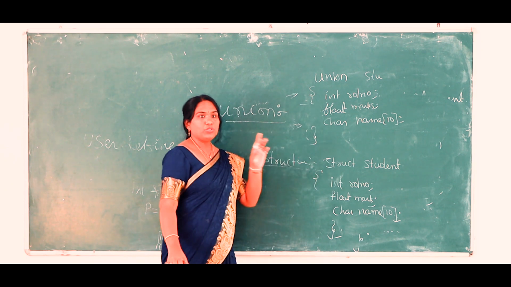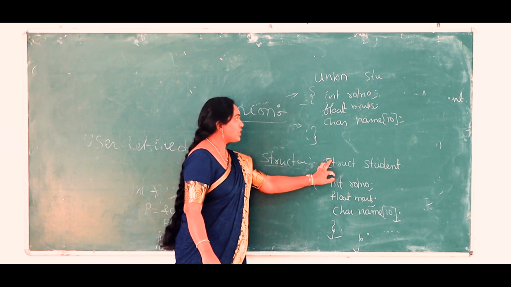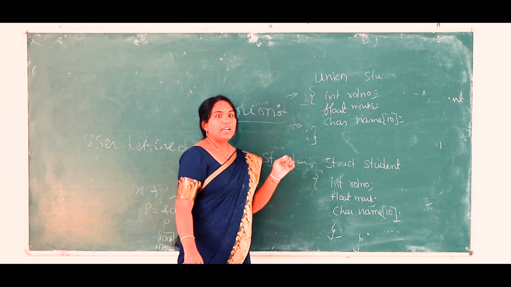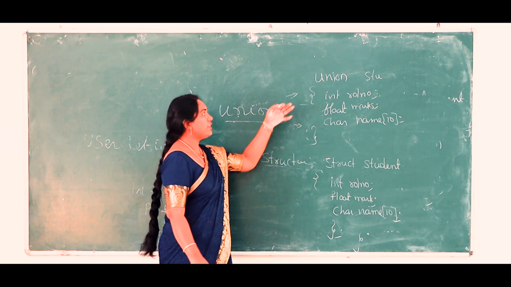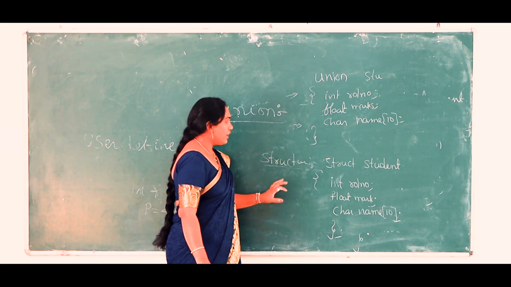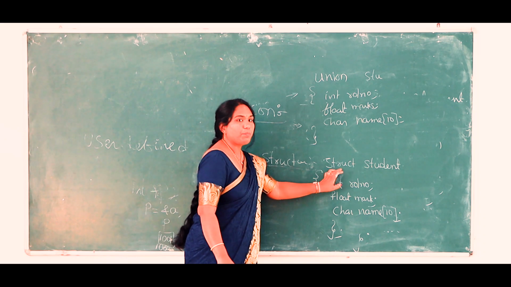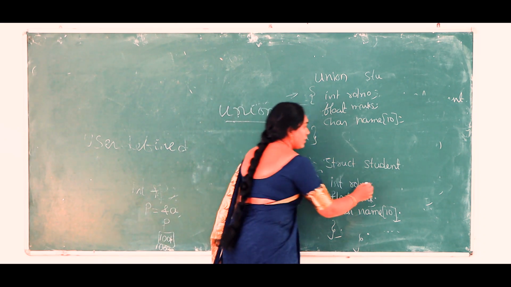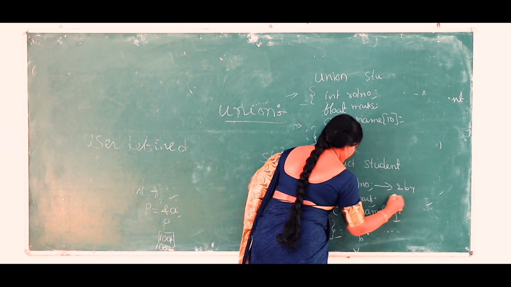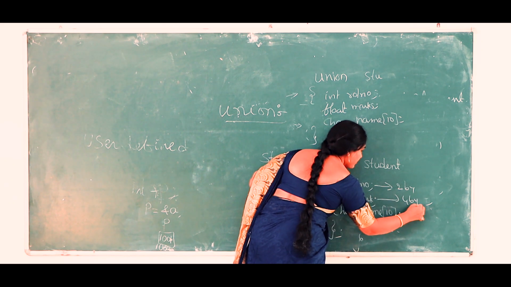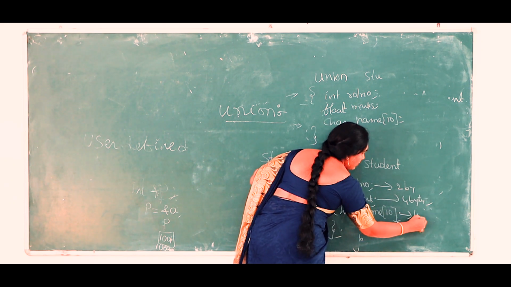Now I took two examples, one for the structure and one for the union. Let us check the difference between the union and the structure. Here this structure occupies 2 bytes, 4 bytes and then 10 bytes.